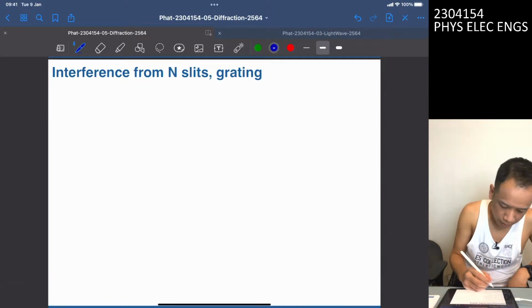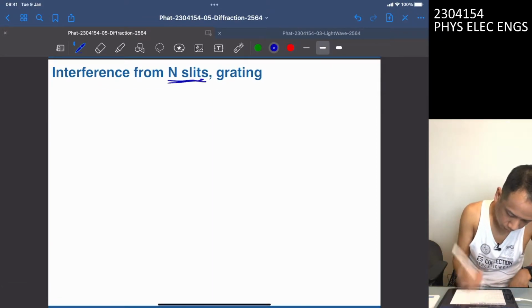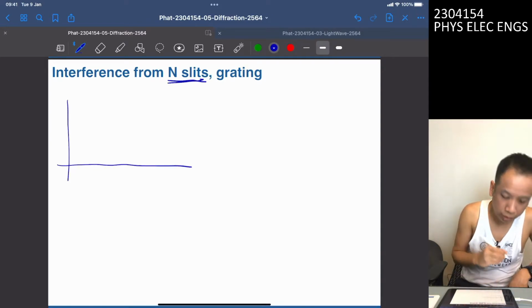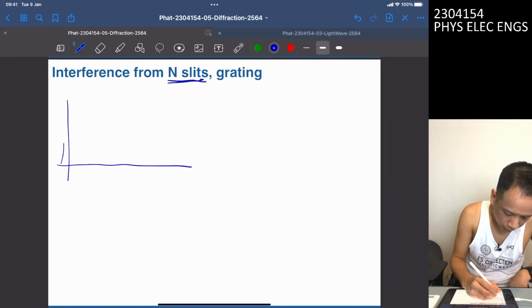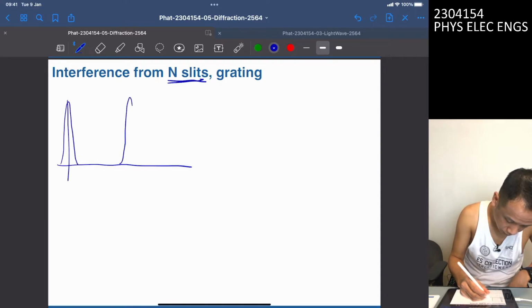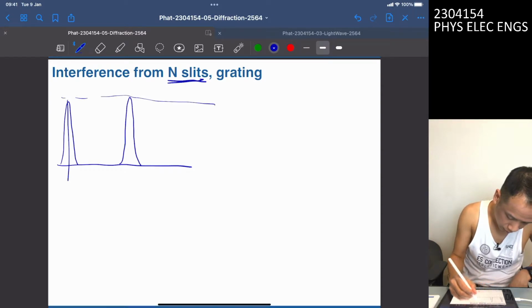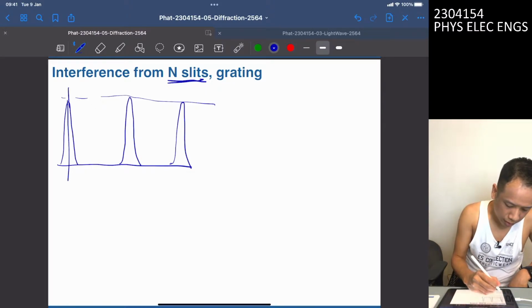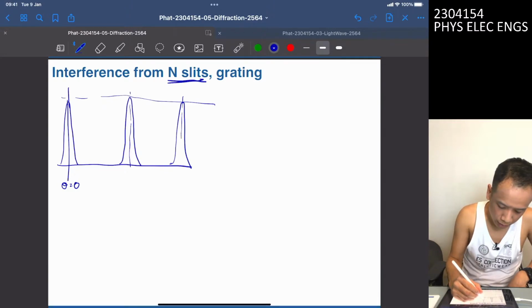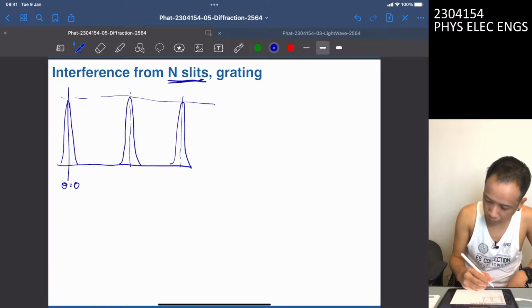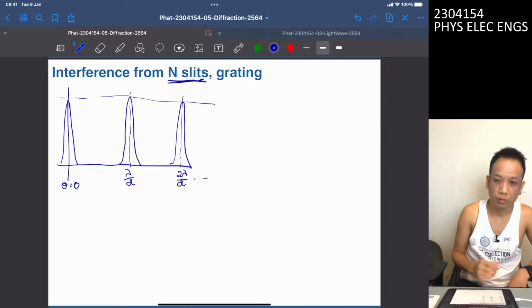So when you have the N slit, basically you're going to get the principal maxima. They should be equal, just to illustrate that. The central one is at theta equal to 0, and then the next one is lambda over d, and the next one is 2 lambda over d, and so on and so forth.